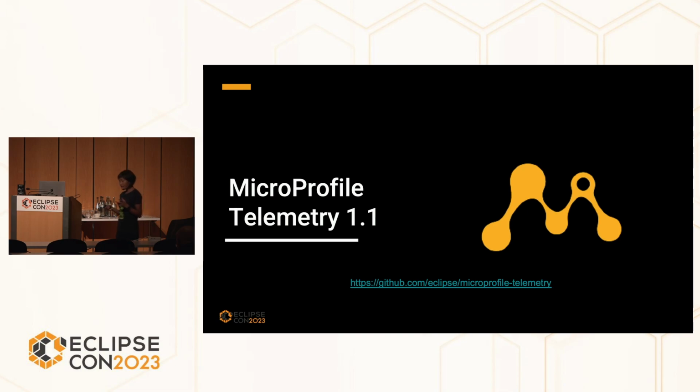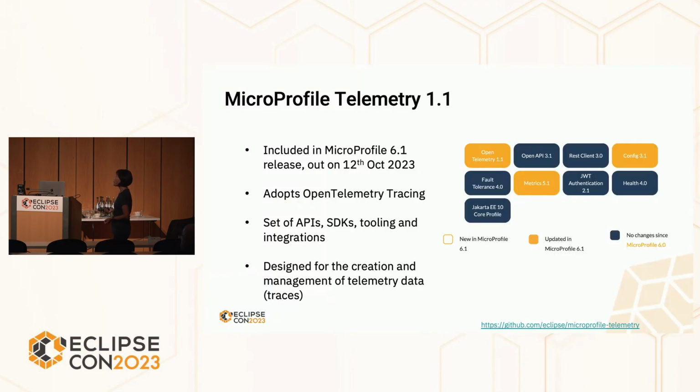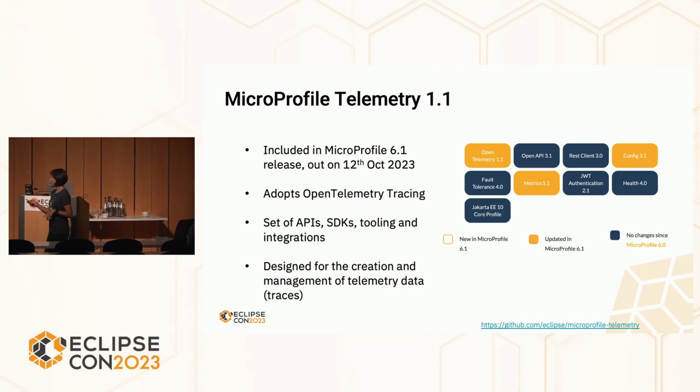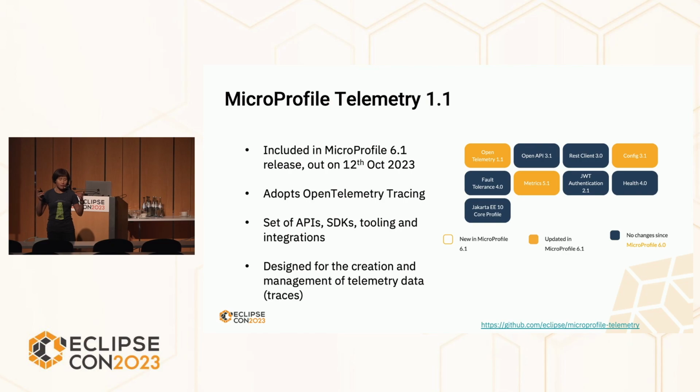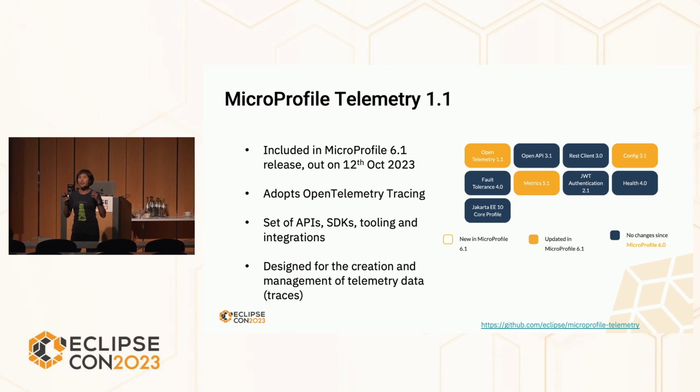The other thing is MicroProfile Telemetry. In the MicroProfile 6.1 release, we have MicroProfile Telemetry 1.1 included. If you want to find more information, click on the link, MicroProfile Telemetry, and you can find a lot more. As I mentioned, it's included in 6.1, and it adopts OpenTelemetry tracing. This is a very different specification.